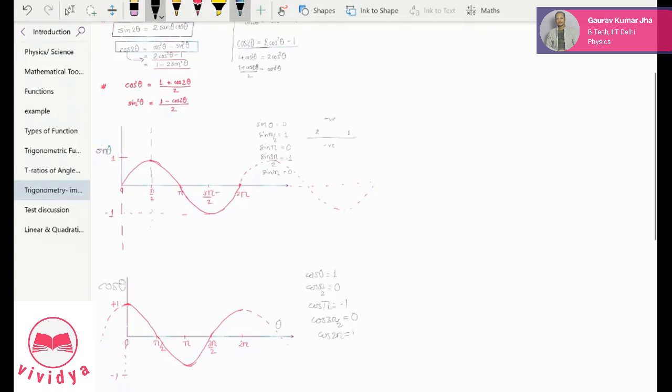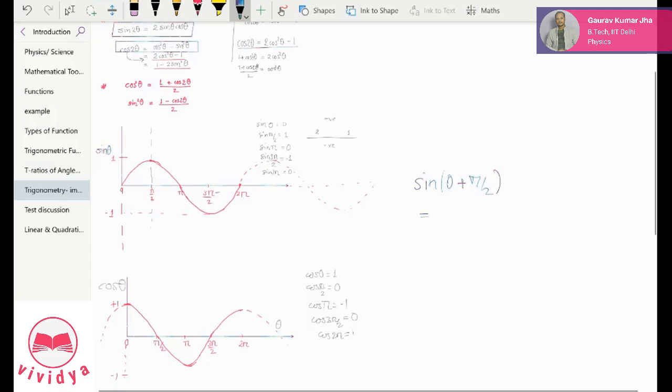What about this one? Sine theta plus pi by 2, how much is it? In the second quadrant, sine is positive, and it's an odd multiple of pi by 2, 90 degree.